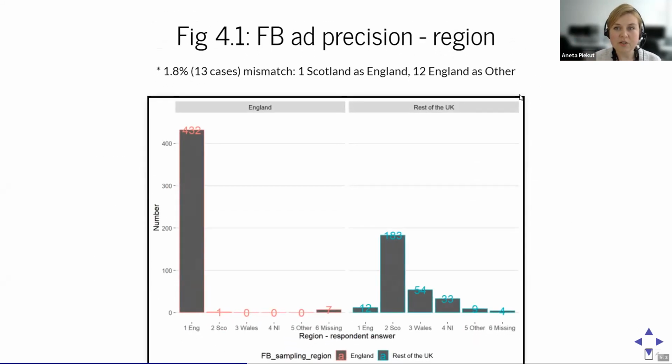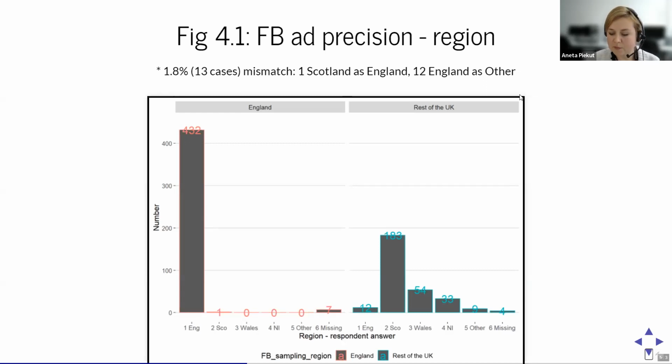Quickly about the precision of the ad: because we used only region and age, less than 2% were misclassified. So comparing responses from participants, only one person who, according to Facebook, lived in England said they lived in Scotland, and 12 people who, according to Facebook, lived somewhere outside England said they actually lived in England in the questionnaire.